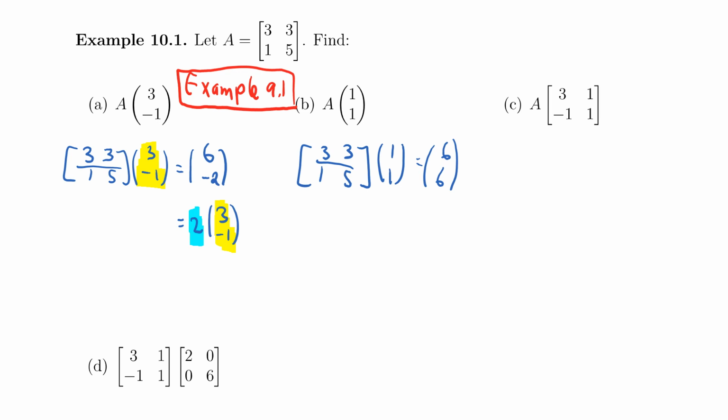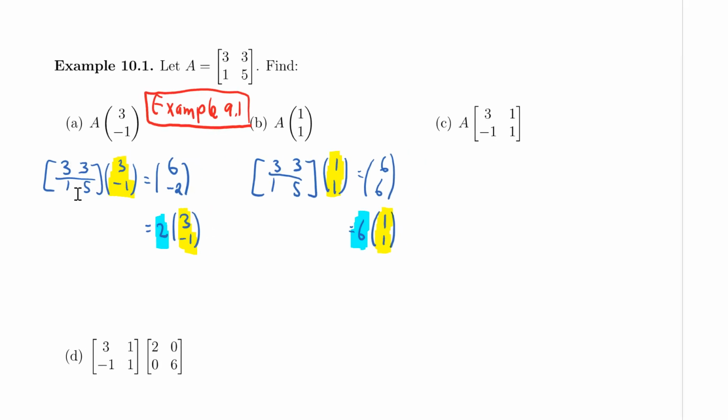And also this (6, 6) is just 6 times the vector (1, 1). So my vector (1, 1) is the eigenvector corresponding to the eigenvalue of 6. Okay, so far so good. Nothing new.